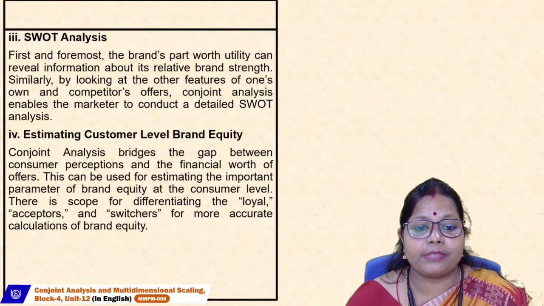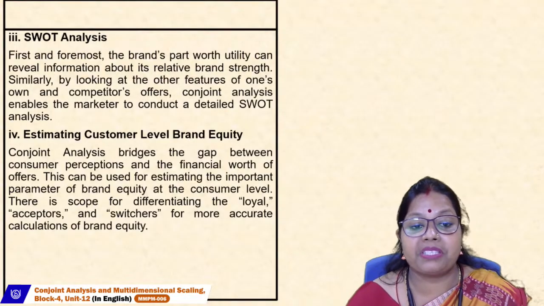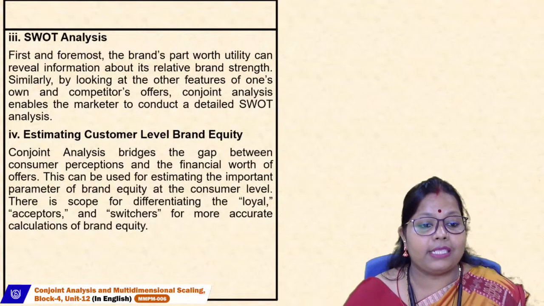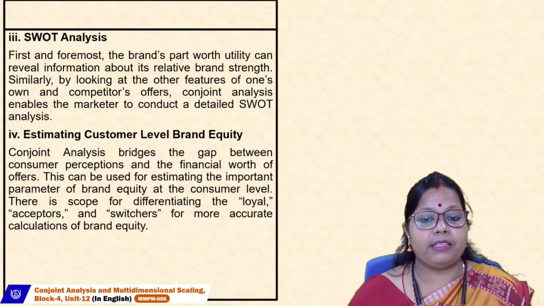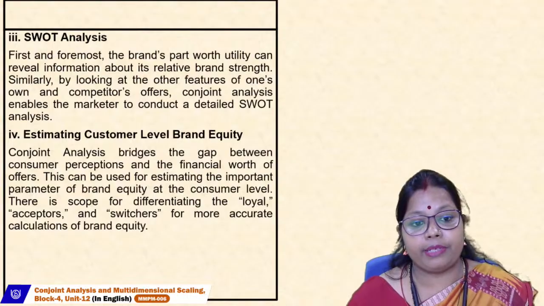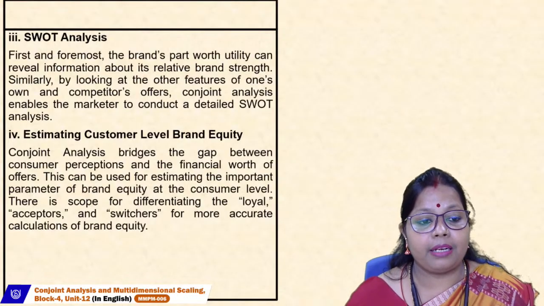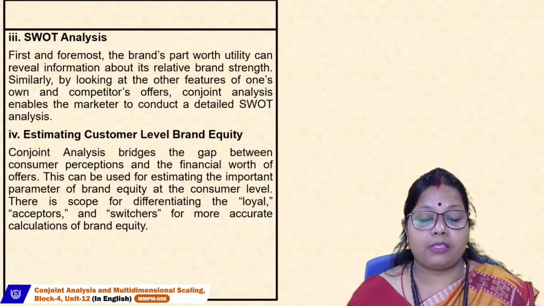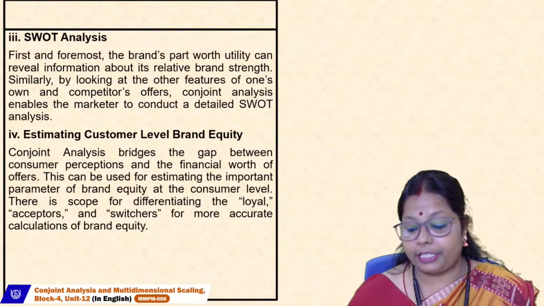Conjoint analysis bridges the gap between consumer perceptions and the financial worth offers. So this can be used for estimating the important parameters of brand equity at the consumer level. There is scope for differentiating the loyal acceptors or switchers for the accurate calculation of brand equity.